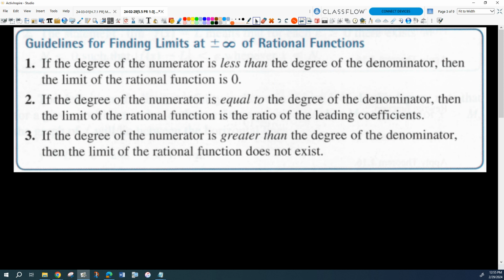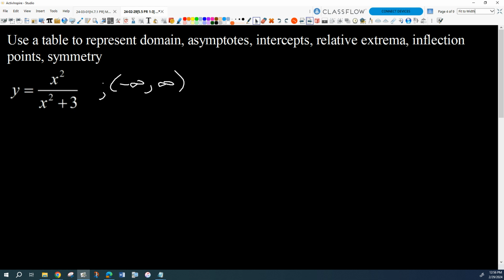And if the degree of the numerator is greater, then we don't get a fixed limit. We could get a slant or oblique asymptote if the degree of the numerator is how much bigger than the degree of the denominator? 1. Exactly 1.